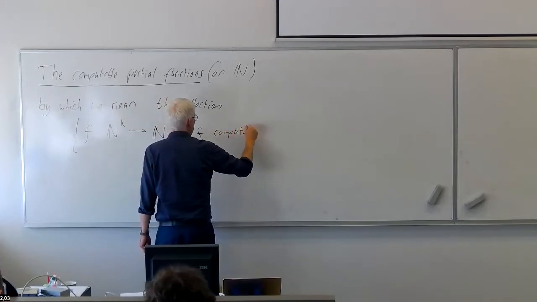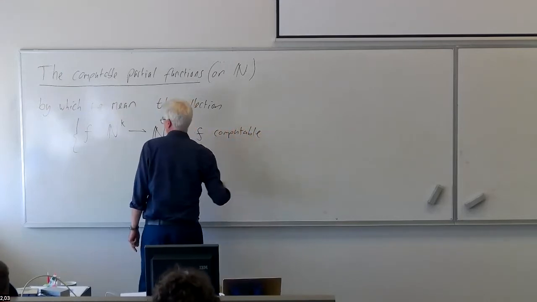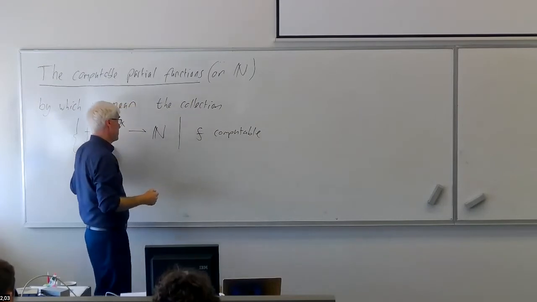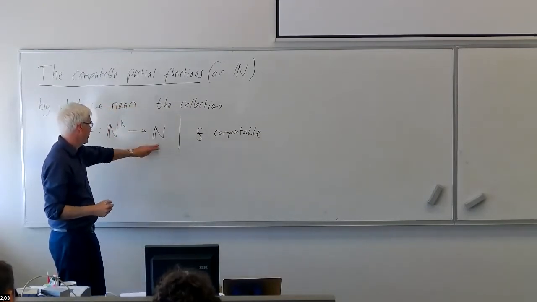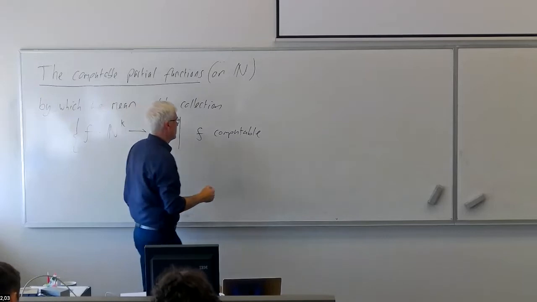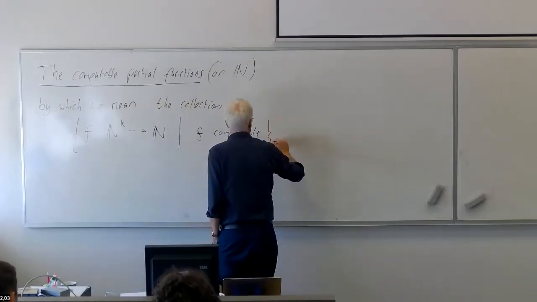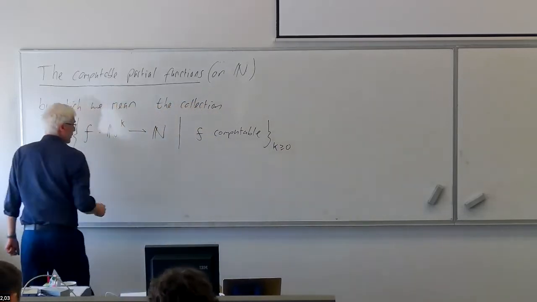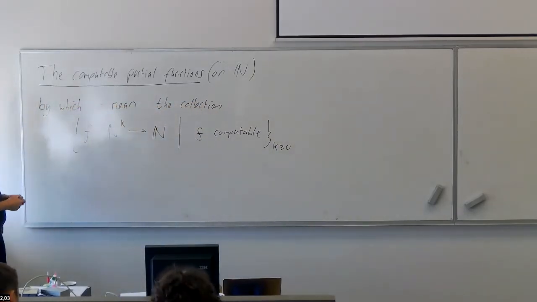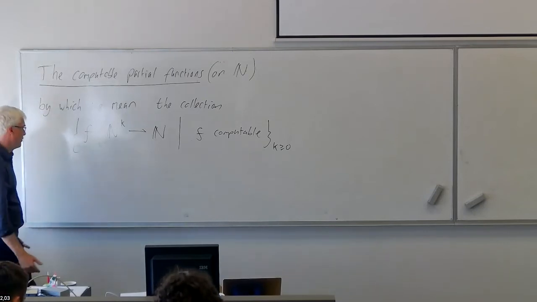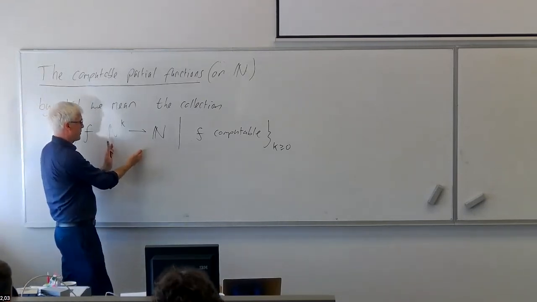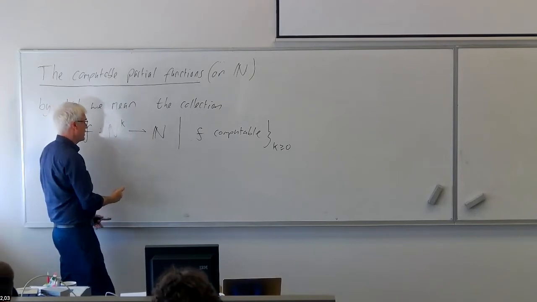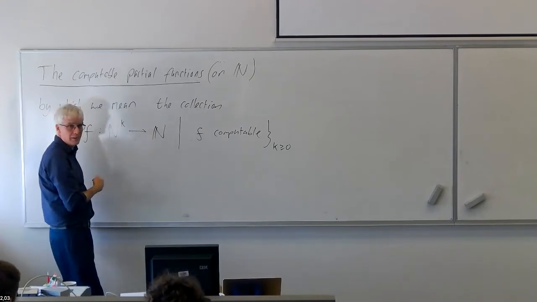We had a definition last week of what it means for a function from k-tuples to natural numbers to be computable. But this collection is indexed over all k greater than or equal to 0. So simply, we're going to look at the collection en masse of partial functions of arbitrary finite arity on the natural numbers that happen to be computable.